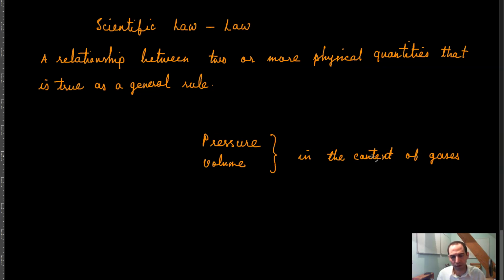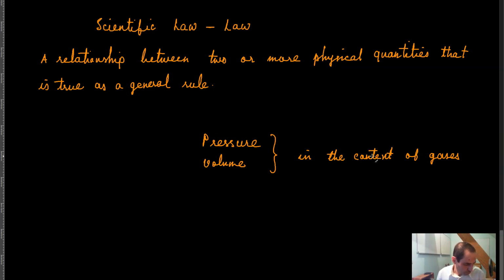They have observed that in the case of a gas, when you keep the temperature constant, when you increase the pressure, then the volume decreases, and when you increase the volume, then the pressure decreases. So that means that pressure and volume have some sort of inverse relationship if you keep the temperature constant, right?